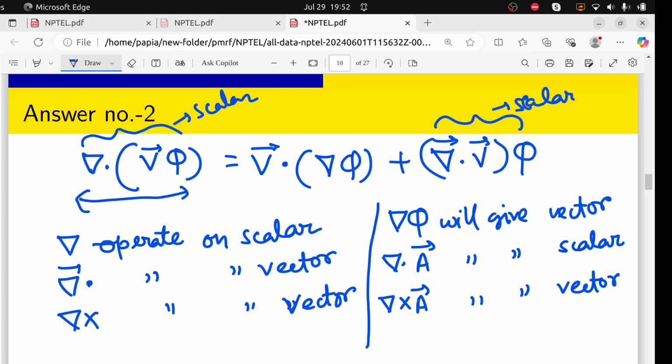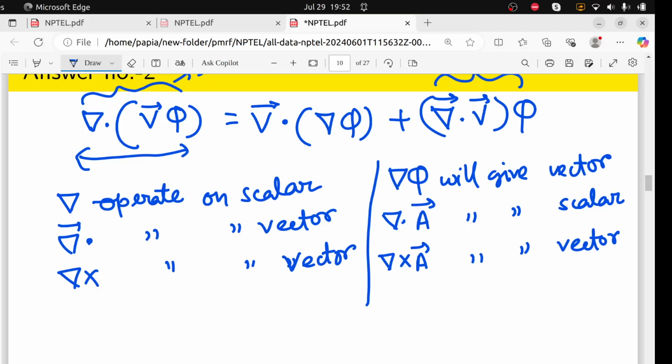So how will I separate these two? One vector is present here and one scalar is present here. Now I remember that for a vector, either divergence or curl will be applicable for v.